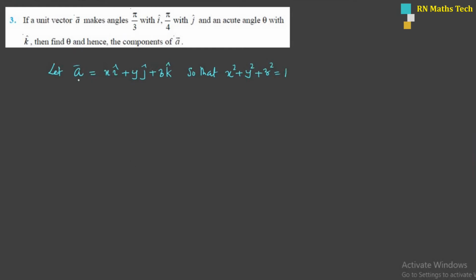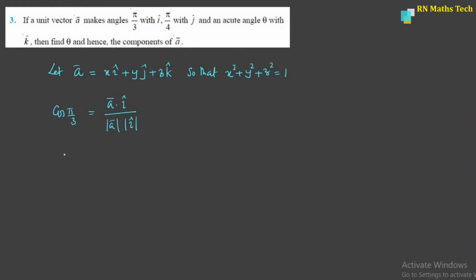Okay, now this A bar makes an angle pi by 3 with i cap. So cos of pi by 3, angle between two vectors, cos pi by 3 equal to A bar dot i cap divided by modulus of A bar into modulus of i cap.